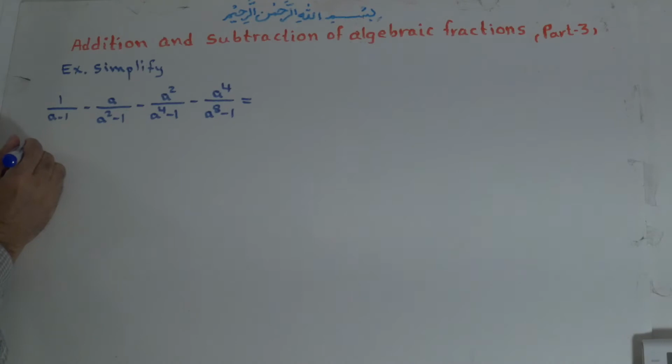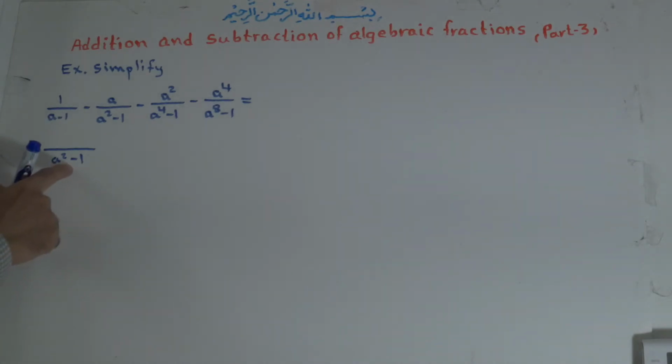So now this is equal to, between these two, a to the power of 2 minus 1 and a minus 1, a to the power of 2 minus 1 or a square minus 1 is the common denominator. We know that a to the power of 2 minus 1, according to identities, is a minus 1 and a plus 1.